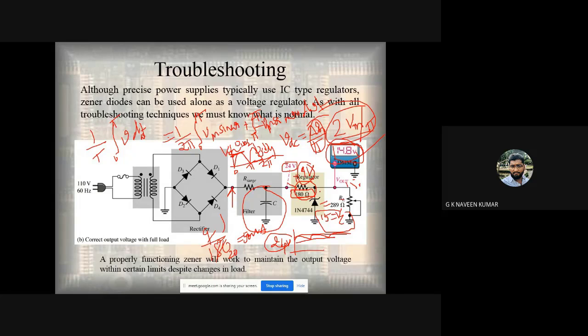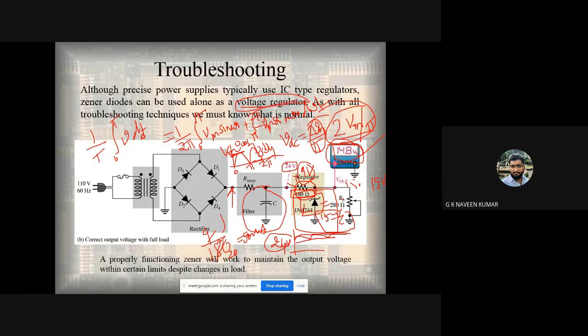At this position, the Zener diode is used. Suppose I want 15 volts, but even after using the C filter I am getting 24 volts, so I have to drop that 9 volts. I need a device which maintains a constant voltage across the output. If I want to maintain a constant voltage of 15 volts across the output, then I have to use the Zener diode, which is used for voltage regulation.